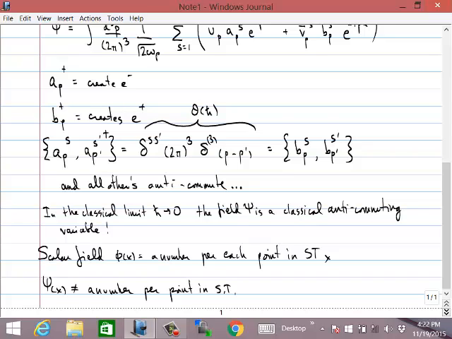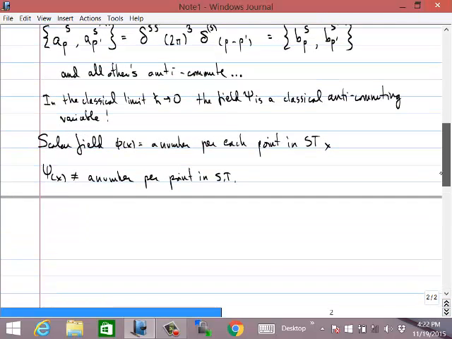We wrote down the solutions of the free Dirac equation by writing down a bunch of plane waves and a bunch of numbers for each point in space-time. But the point is that if you want something that classically obeys fermionic instead of bosonic statistics, you really can't think about it as a number per point in space-time. Instead, you have to introduce some sort of new mathematical object. Okay? You have to introduce numbers that anti-commute with one another instead of commute with one another.